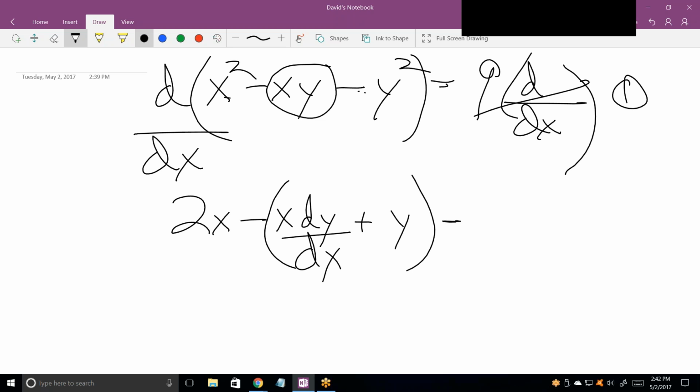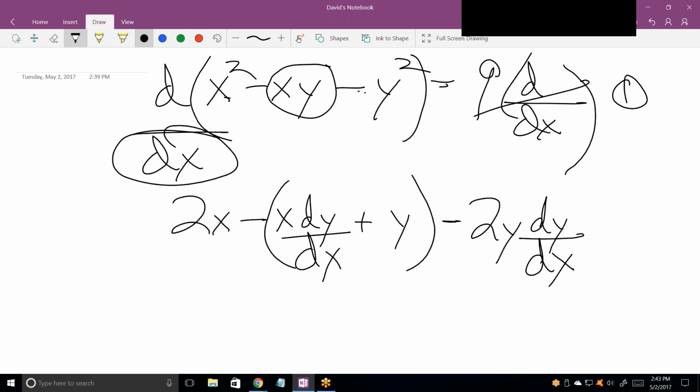And what's this final term's derivative? That one is 2y, and then you follow it with a y prime, right? Yes, you do. In other words, here's the rule. When you are implicitly differentiating and you come across a variable different than x, you have to follow it with d of that variable dx. If I came across an r, I would follow it with dr dx. If I came across a t, dt dx.